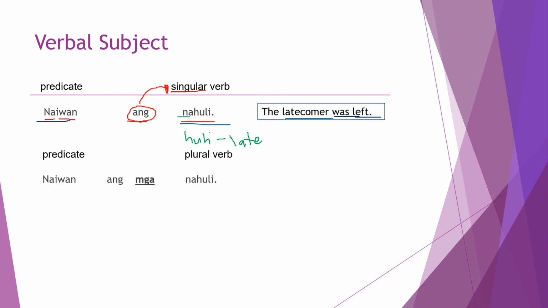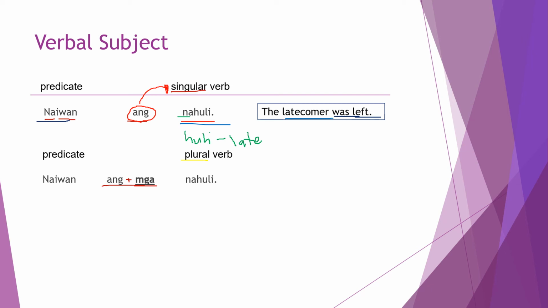We are still using the same example, but this time let's put it in a plural context. Naiwan ang mga nahuli. So, as you can observe, the same with the adjective subject, we just simply add the word mga in ang.